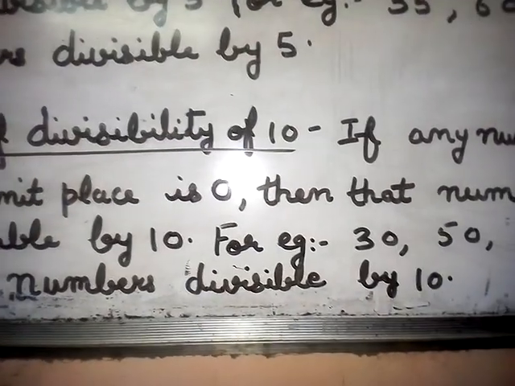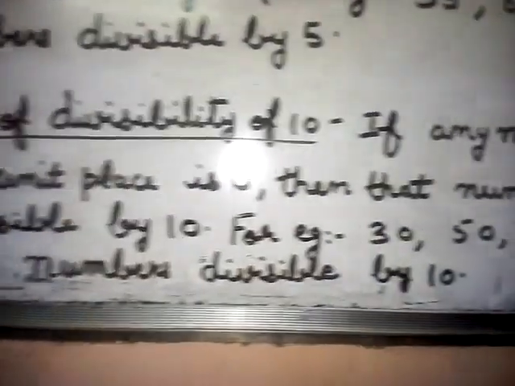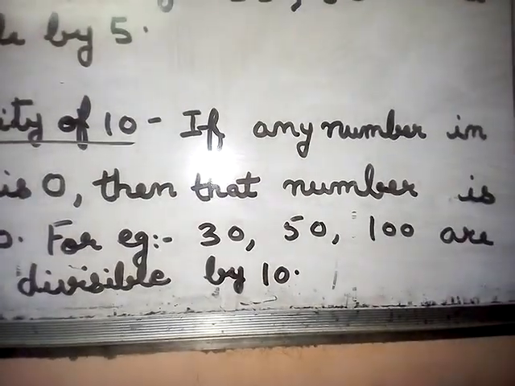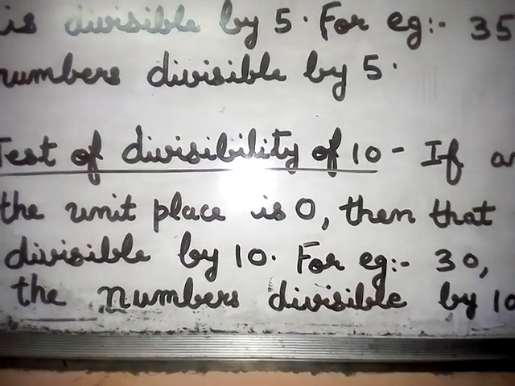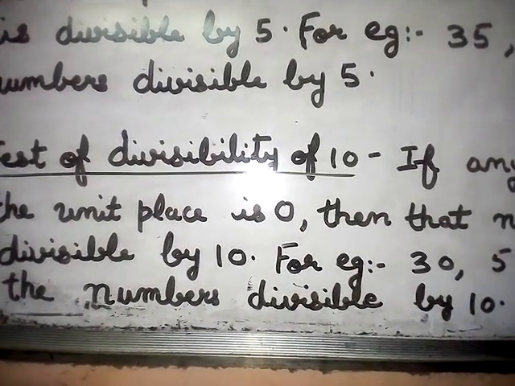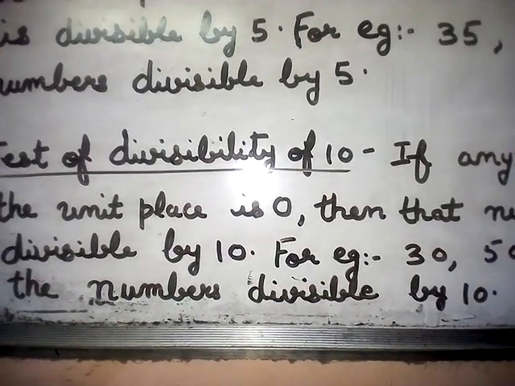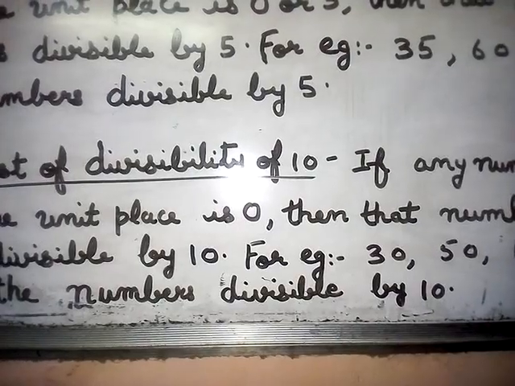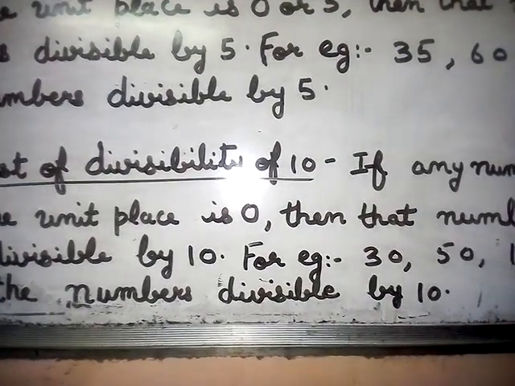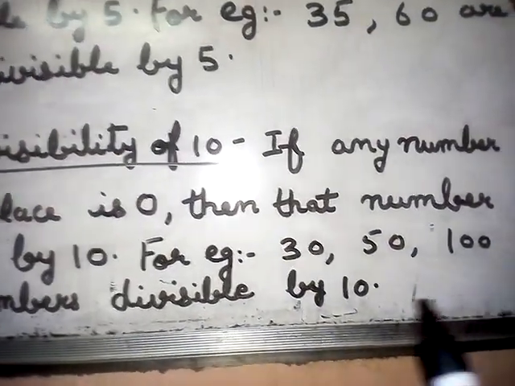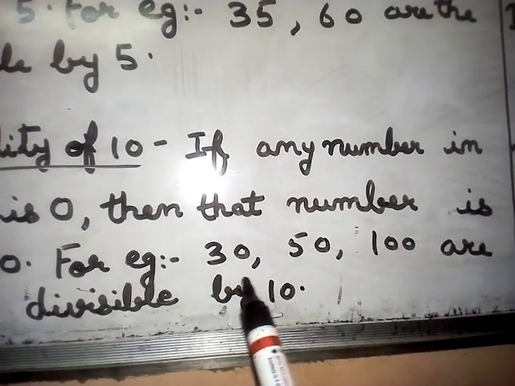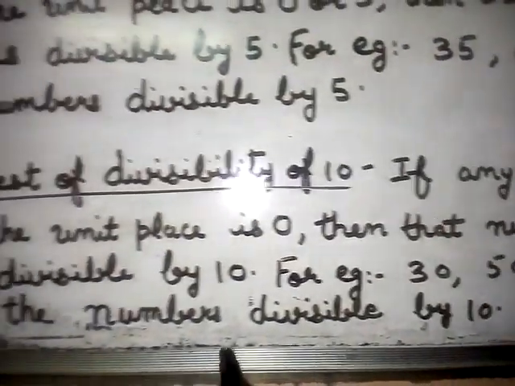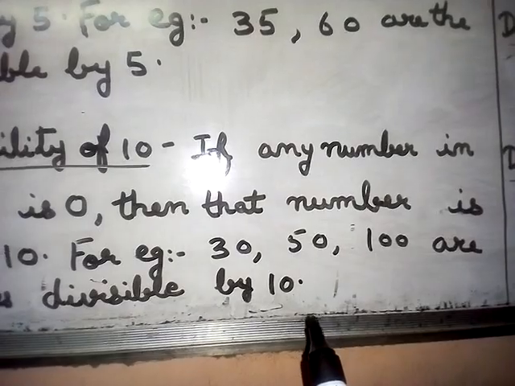For example, 30, 50, 100 are numbers divisible by 10. If you know the full 10 table, the unit place is 0. So whatever the given numbers in the examples, the unit place is 0, so those numbers are divisible by 10.